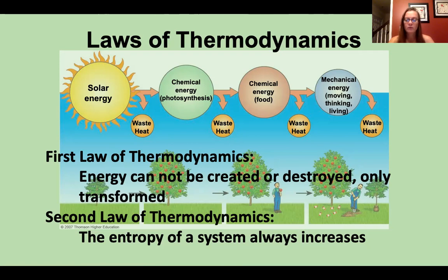And of course, we know that we don't manage to use all of the energy from that food, and some of it is lost to entropy. But we can use some of that food energy to do work. And in that process, you guys know when you're working hard, so you're planting an apple tree, that you're going to get sweaty and warm, and we lose some of that energy again. So these are our laws of thermodynamics, and they become important as we talk about energy flow through systems.